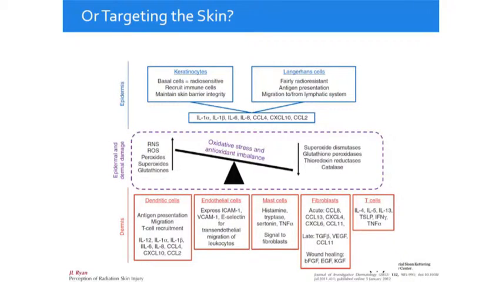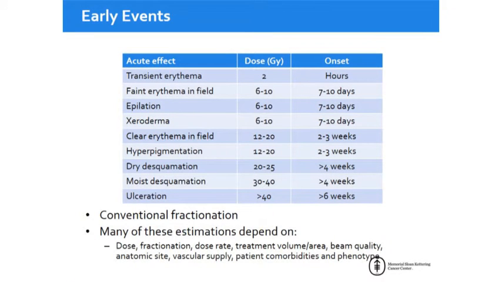The application of radiation will result in a synthesis of all these inflammatory chemokines, and also a variety of superoxide radicals, and other chemokines in endothelial cells, dendritic cells, and fibroblasts, as well as immune cells, which will lead to the clinical signs and symptoms of radiation dermatitis, which include pruritus, pain, and loss of the structure of the skin.